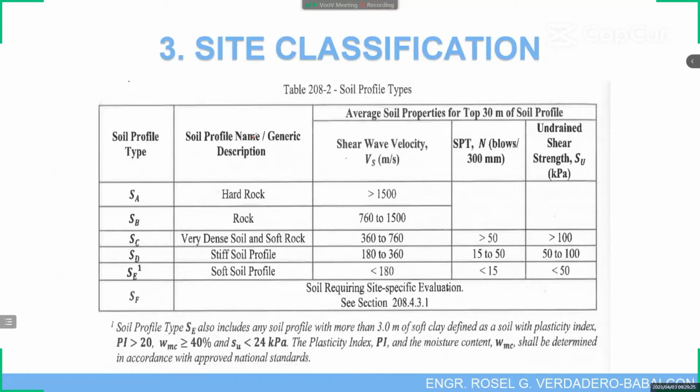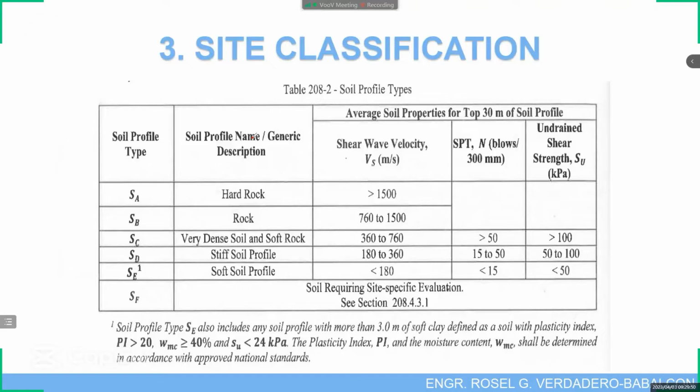If a geotechnical engineering report or data is not available, we can use the SD or stiff soil profile for the assumption of the soil profile type in our location. We cannot use soil profile type SE, the soft soil profile, or SF.